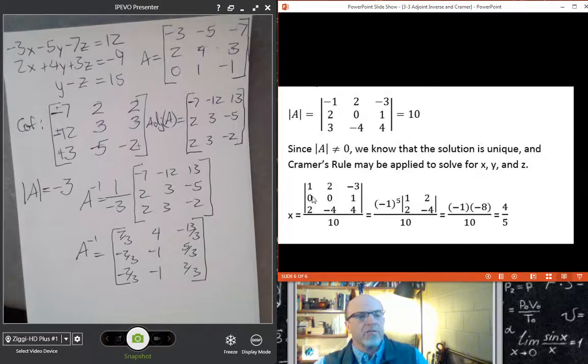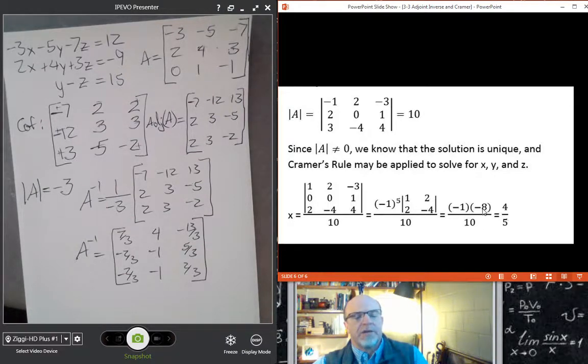And when you replace with 1, 0, 2, then you can calculate the determinant of this numerator. You can certainly punch this in your calculator, or you'll notice we got a couple of zeros here, so plus, minus, so that's going to be negative times the determinant of 1 times negative 1, 2, 2, and negative 4, or in other words 1 times negative 4 minus 4, which is negative 8.